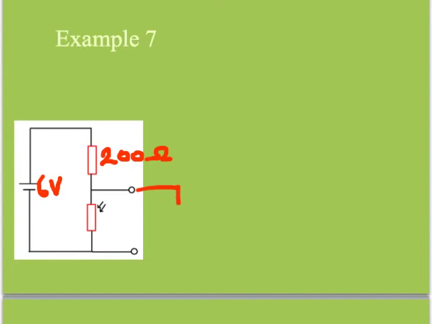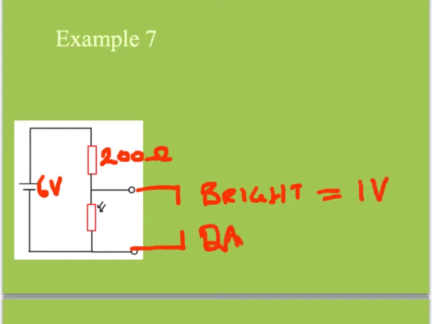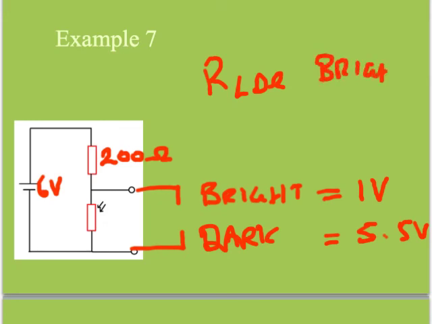I want an output voltage at bright of 1 volt, and at dark I want 5.5 volts. So now you need to solve. I want to know the resistor range for the LDR. So what is bright and what is dark in terms of its resistance?